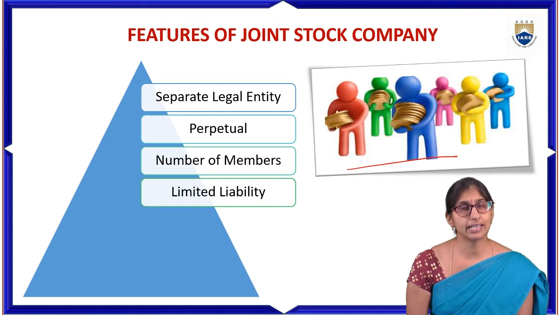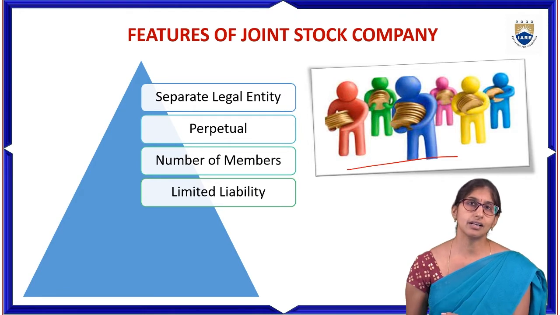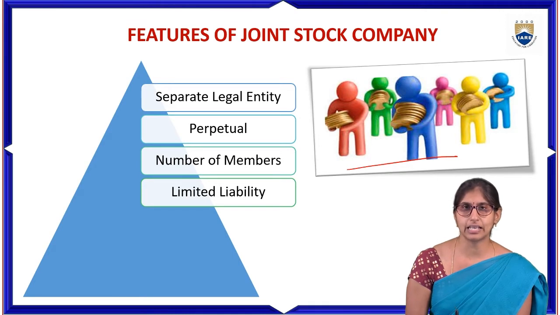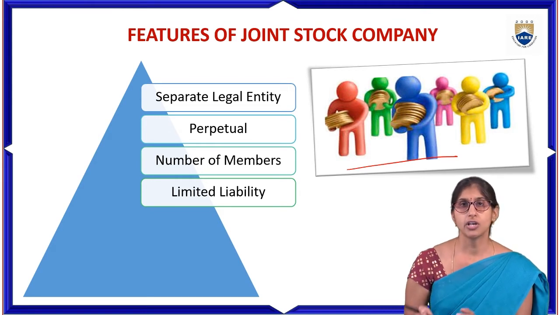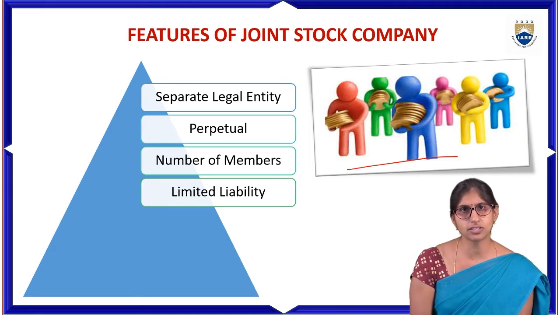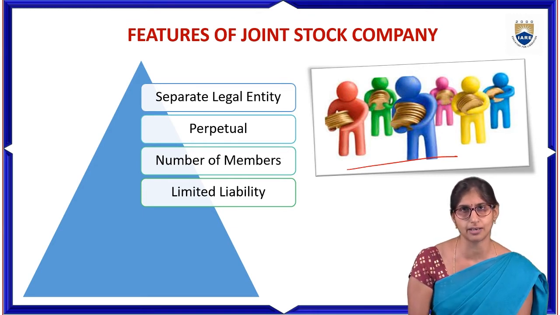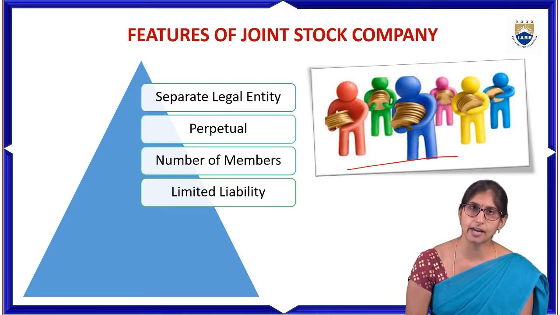Now it has limited liability. Why does it have limited liability? Because it has perpetual existence and a separate legal entity, where the company is different and the shareholders who are investing in that business are different. One cannot mix them up, unlike a sole proprietorship, where the owner of the business is liable for all the debts made on the name of that business.